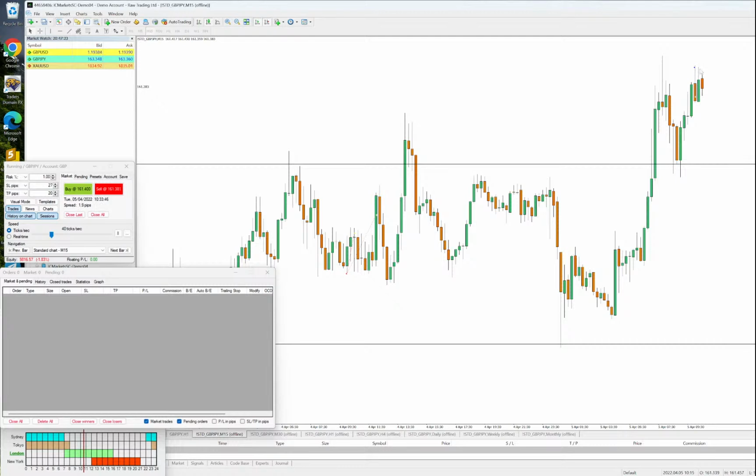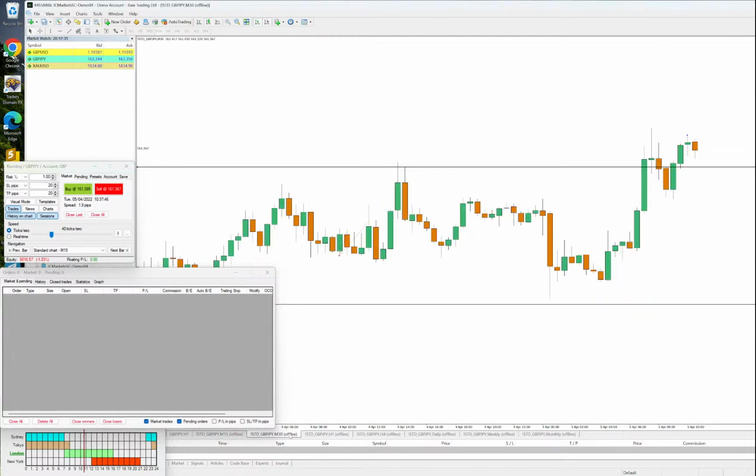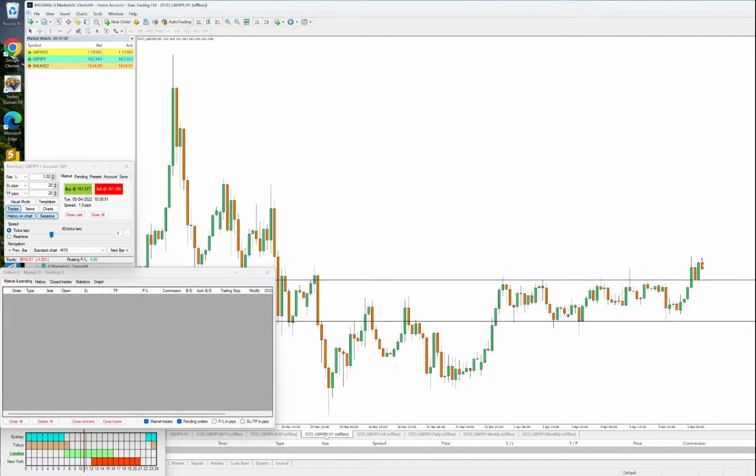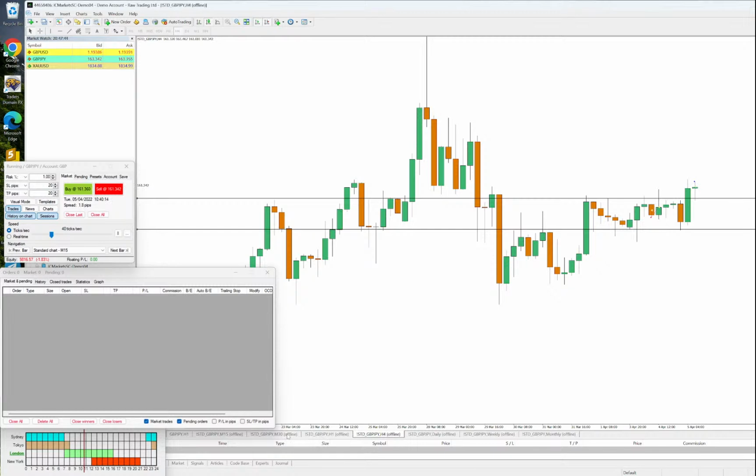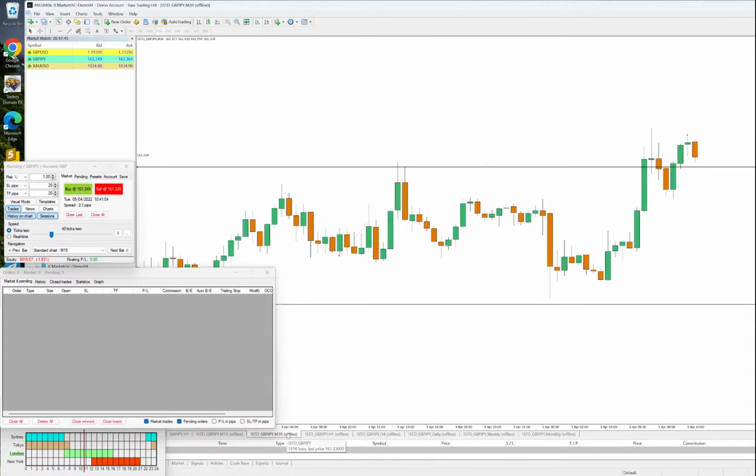On the break of the highs here, I'm gonna take a buy. But we broke the lows, so this is not so good. Let's wait and see. Yeah, we broke the lows. 4 hour is gonna close in a bit, so let's see.